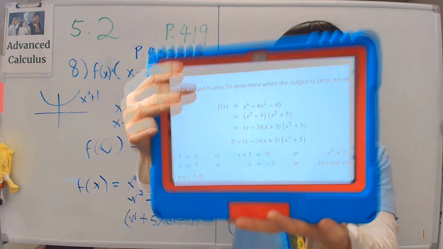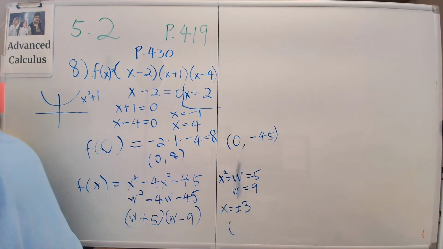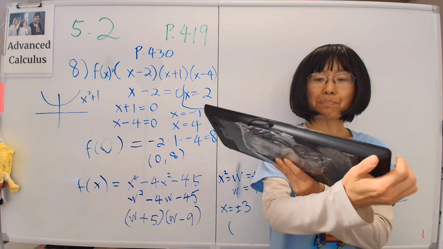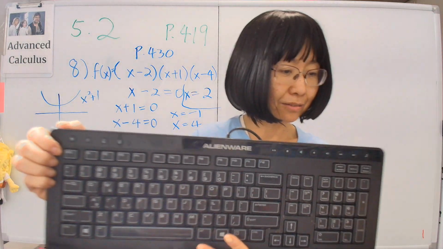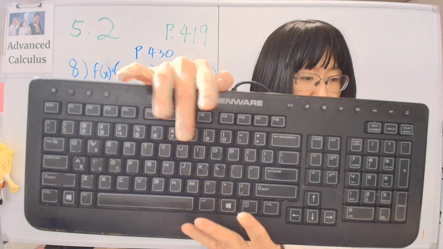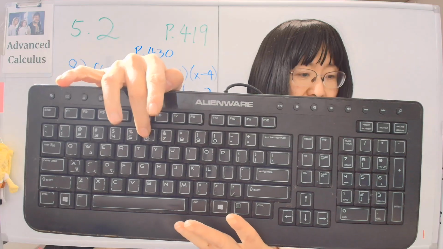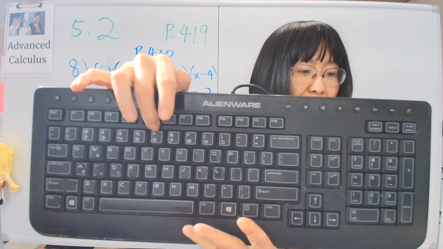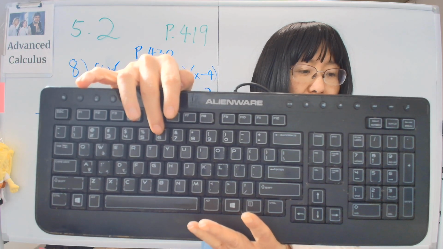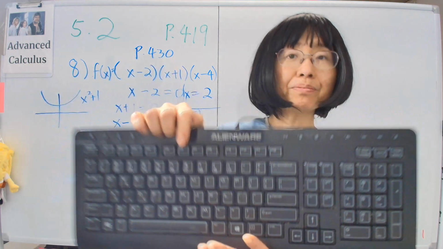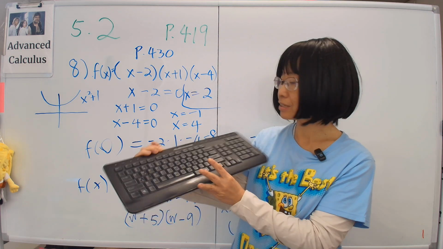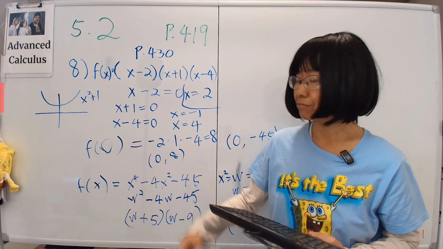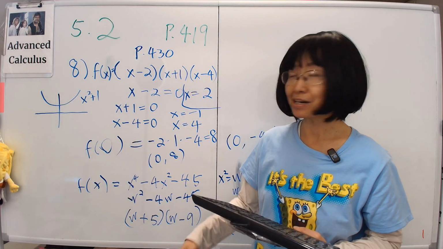But to do the power 4 and the power 2, what you're going to do is push the up button, which is the one over the number 6. I think you also need to push shift. Yeah, push shift. Then you get that upward thing, and that will move your cursor up, and then you'll be able to type all the powers, like to the power 4. Once you finish typing 4, how do you get back down?